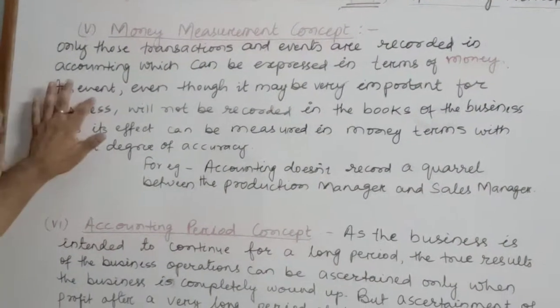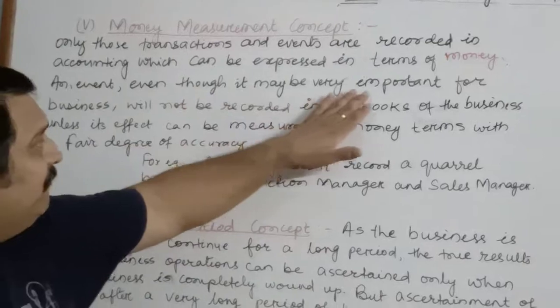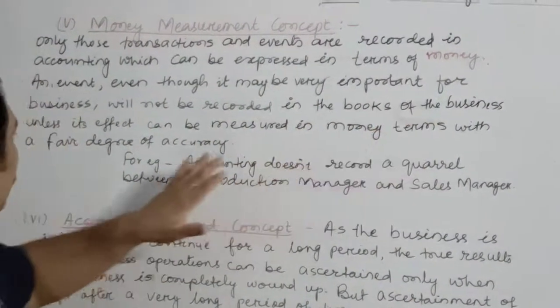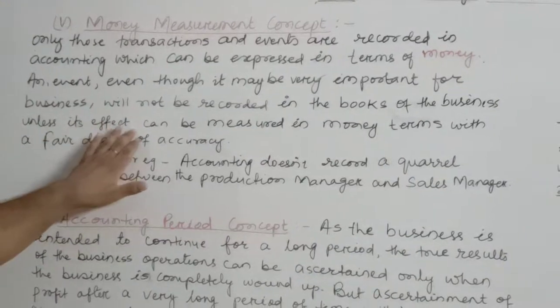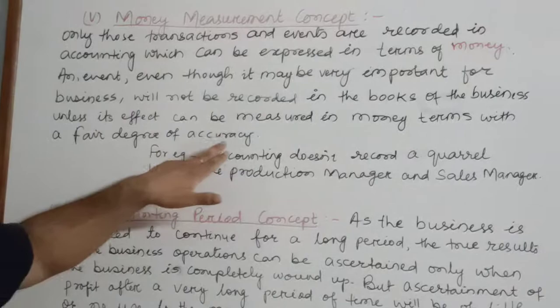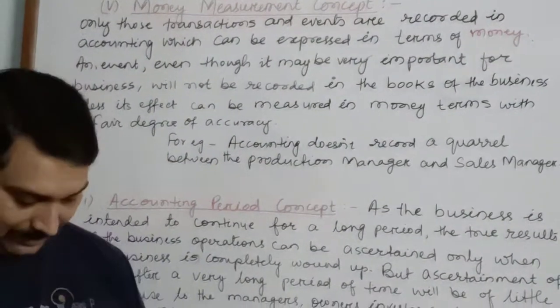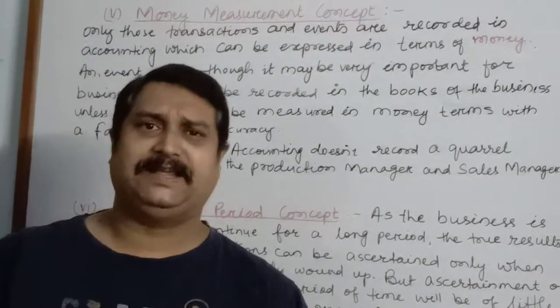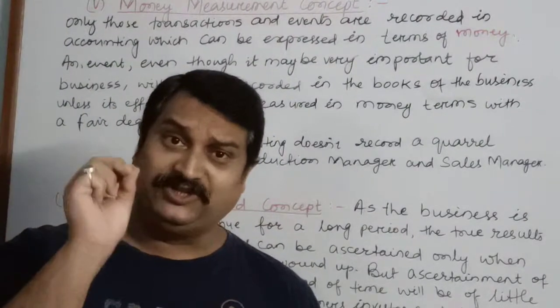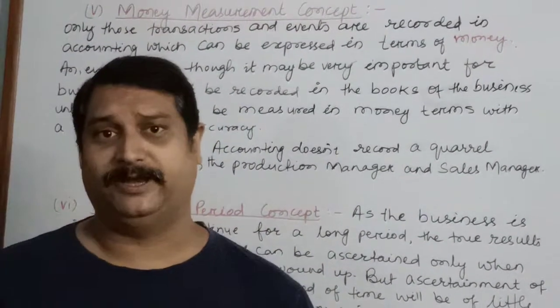and an event, even though it may be very important for the business, will not be recorded in the books of accounts unless its effect can be measured in money terms with a fair degree of accuracy. This particular concept clearly says that only those business transactions will be recorded which can be expressed in terms of money.